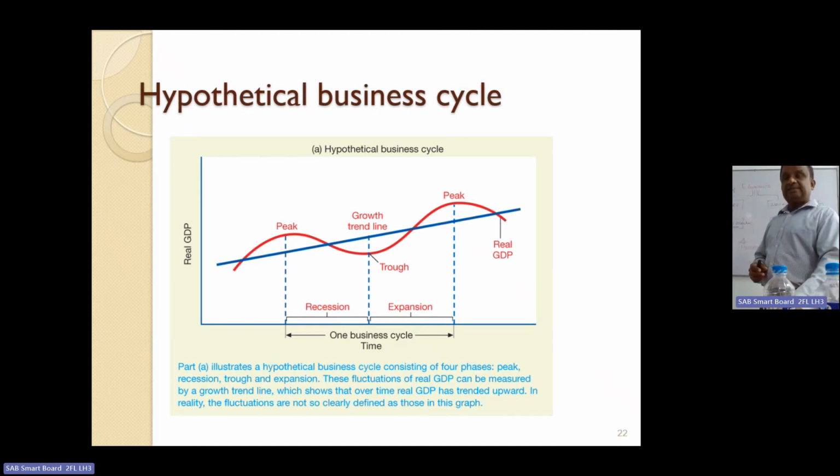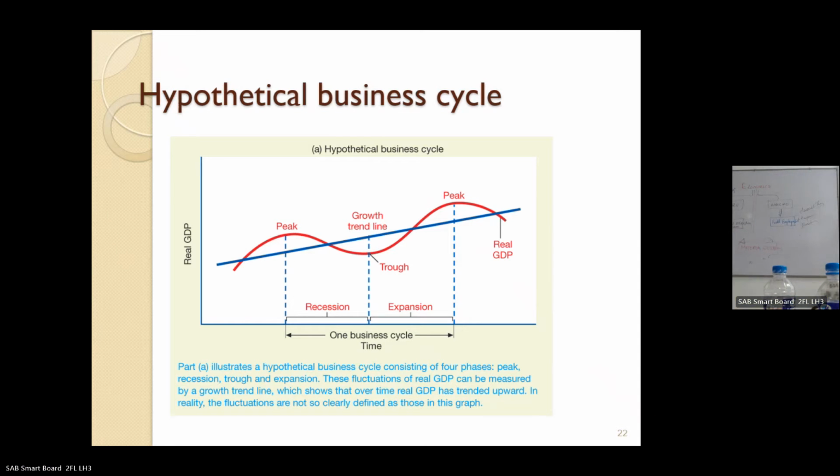But then we come to the business cycle. You may have heard this word. What is meant by business cycle? Basically, it represents the fluctuations of output, like GDP, around the long-term trend.